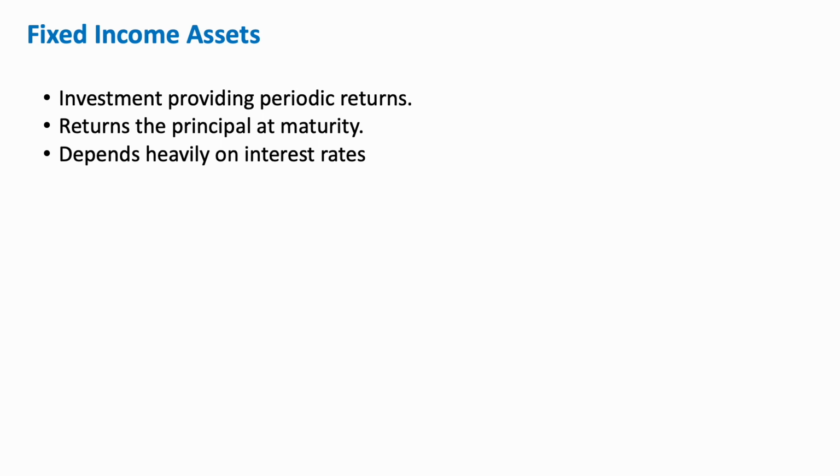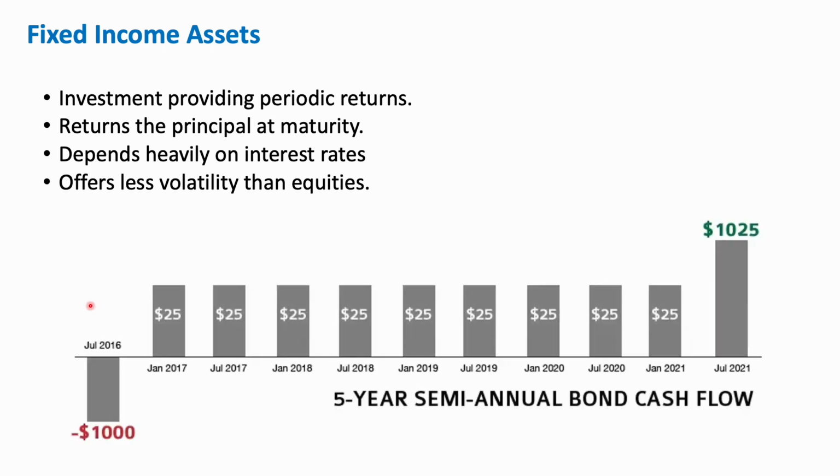Then since naturally we're talking about fixed income assets, we can think that interest rates are going to play a very important role. So these are assets that are very sensitive to interest rates, or at least interest rate is very important when we're talking about these assets. And typically people like to invest in these because they are typically less volatile than equity. They have maybe lower correlation with equity, so there might be some benefits from diversification when you create a portfolio of both equity and fixed income.